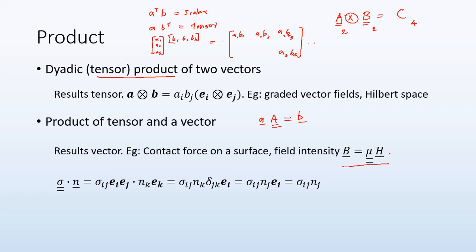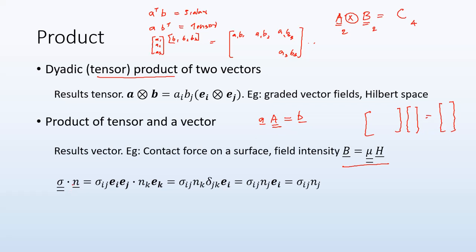Therefore, when I multiply the vector H with the tensor mu, what I will get is B. Here also you can see that mu is multiplied with the H vector, and you are familiar with this kind of multiplication in vector and matrix algebra, and you know that it will give you a column matrix, so it is indeed a vector.